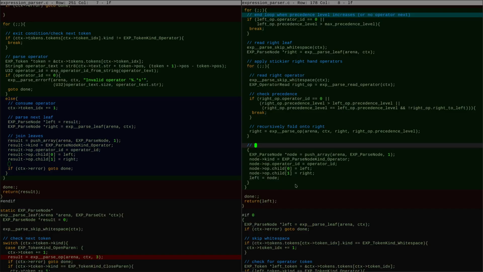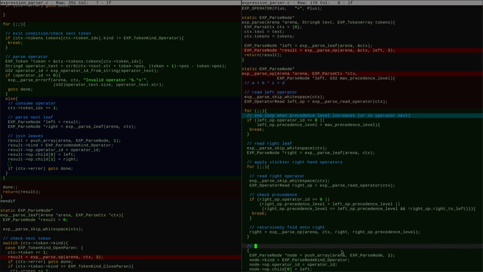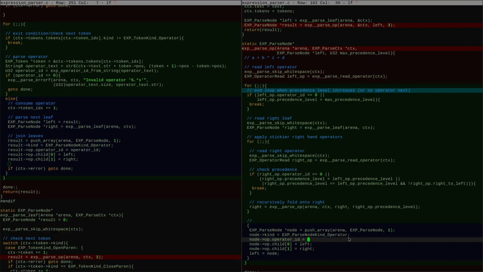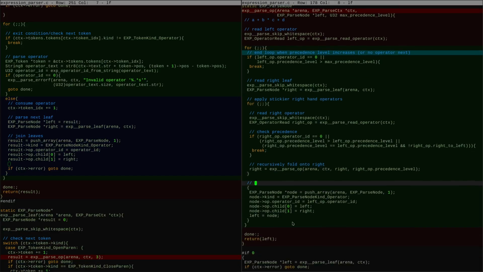So here we stick the left op.operator ID. We combine the left and the right pieces out of the operator ID finally, and this gives us our combine left and right with operator. And then it would come back around here.